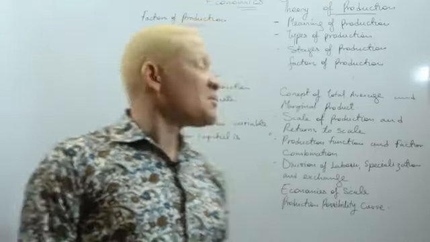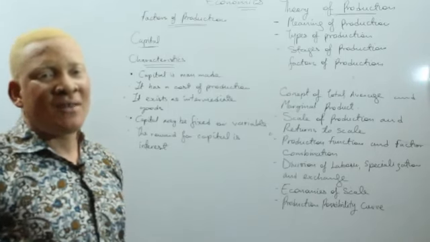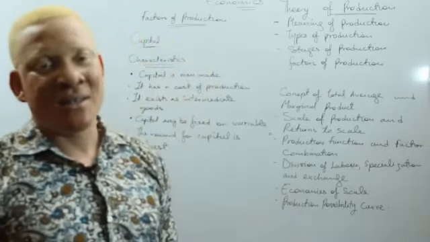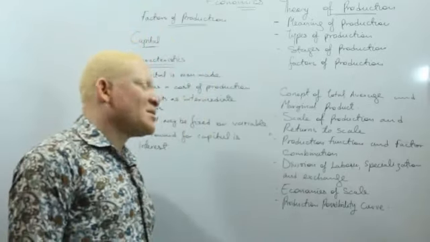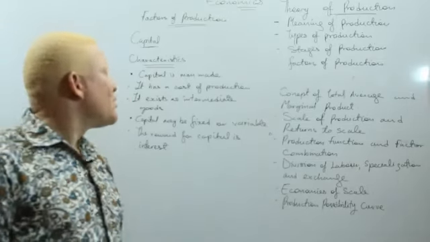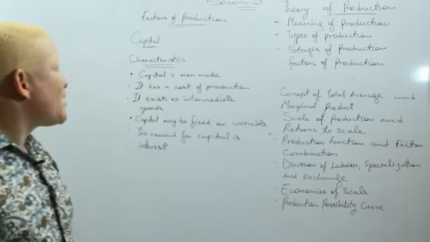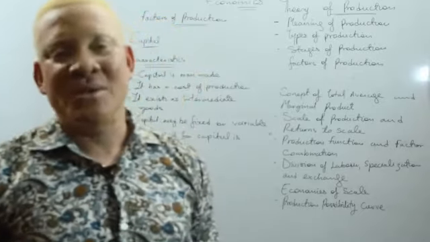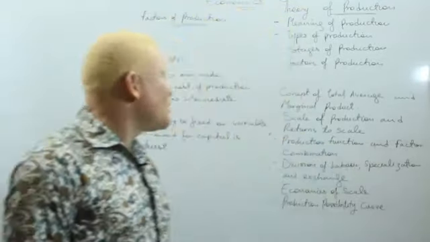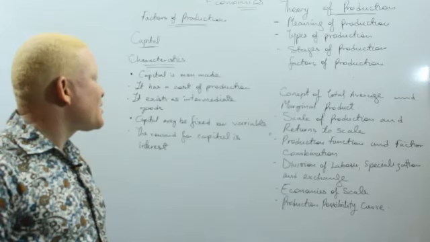Anything that is man-made wealth, from the definition we said capital is man-made wealth that is set aside for production of further wealth or for production of other wealth, goods and services. That means it is man-made. It is not natural. It is not given by nature. The next one is that it has a cost of production. Definitely, since it is made, there's a cost or things that are put into it that makes it come into existence. You spend something to bring it into existence. The next one is that it exists as what?